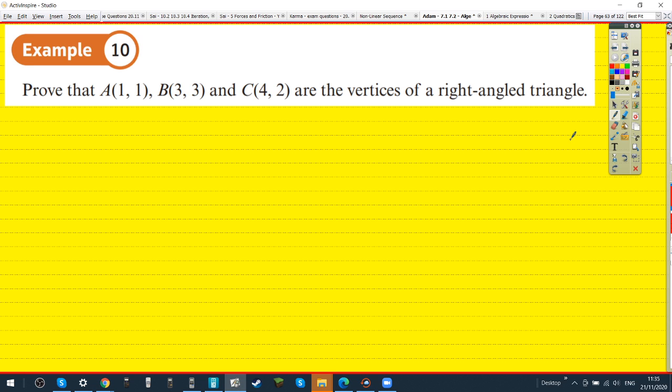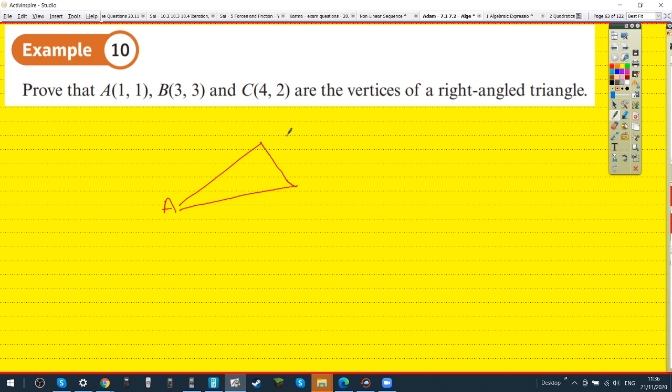Can you just plot a graph out? So 1, 1, 3, 3, 4, 2. So it looks a bit like that.